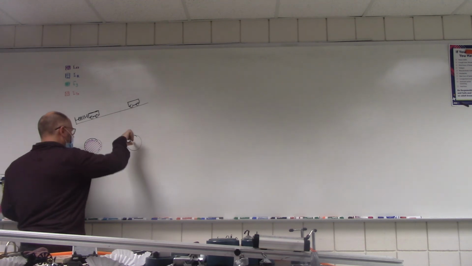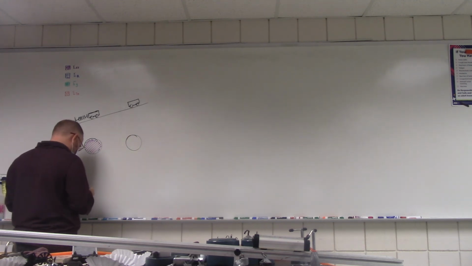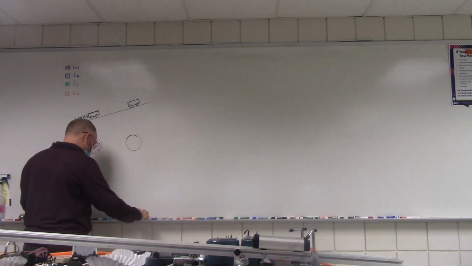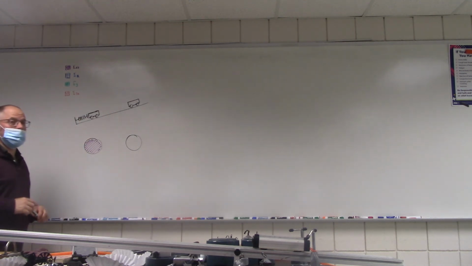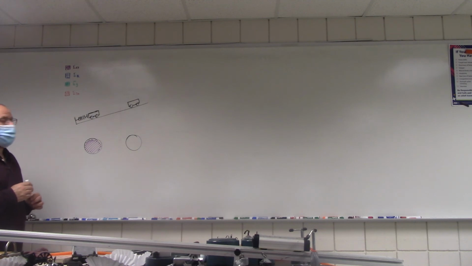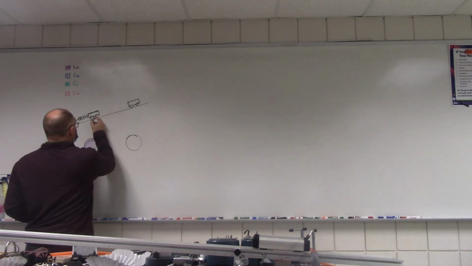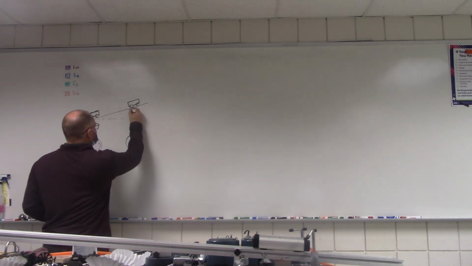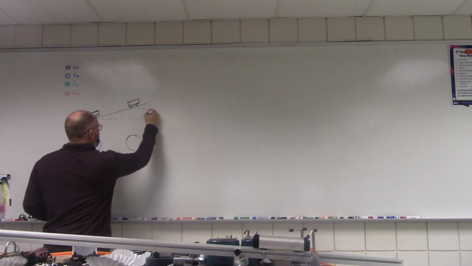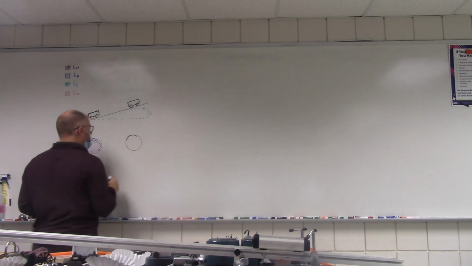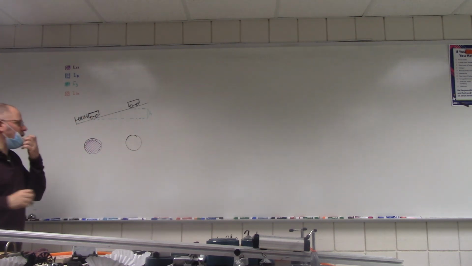Okay. Preston, what about this one? I said nothing, but then it stopped. So there's no kinetic because it stopped. Go ahead. Gravitational, thermal. Yeah, so as it rolls up the hill, has it changed its height? It has, right? And if you change your height, you're storing energy in the gravitational field.